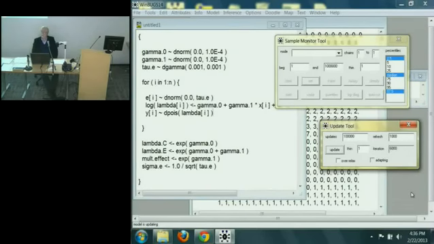Does anybody have any comments or questions on what's happening here? Well, I'll get you in a second. Model it as a log normal. But a log normal for what?